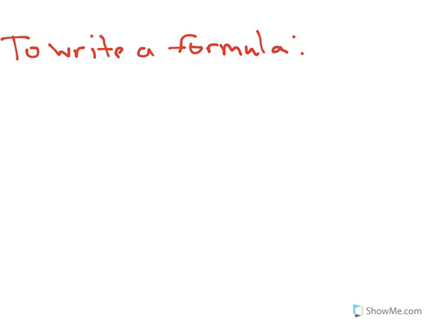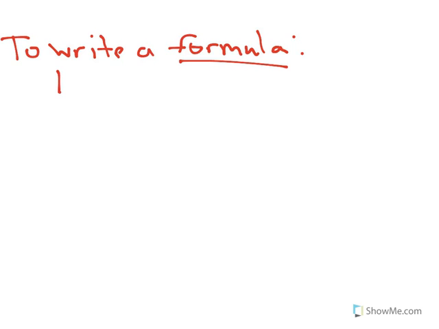So let's talk about how to write a formula. When you're writing a chemical formula, we're going to do this just a lot like what we did with the crisscross thing before.